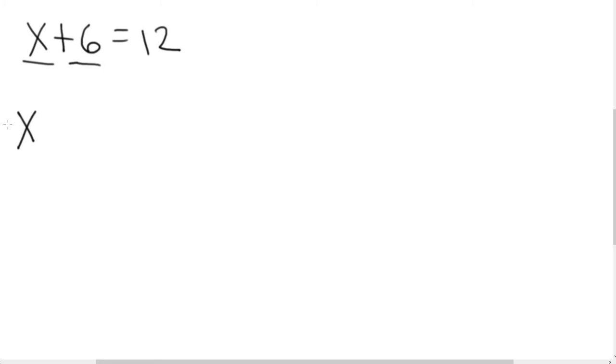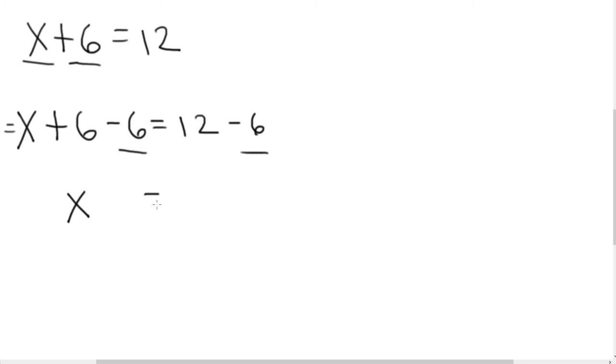So the opposite of positive 6 is negative 6. x plus 6 minus 6 equals 12 minus 6. Adding the negative 6 to both sides, x plus 6 minus 6 is just x. That equals 12 minus 6, which is 6.